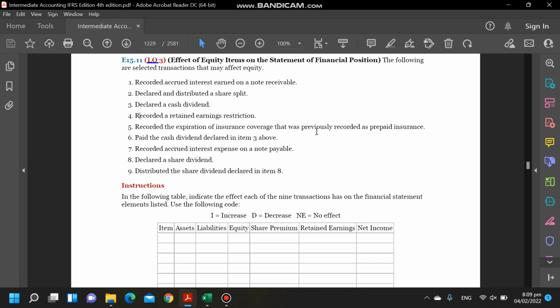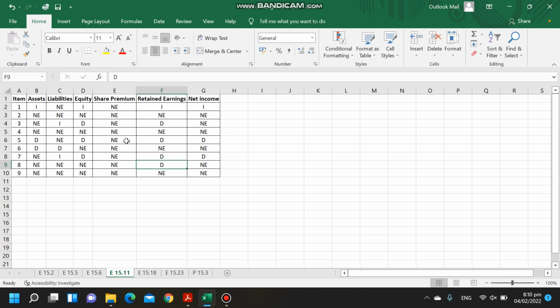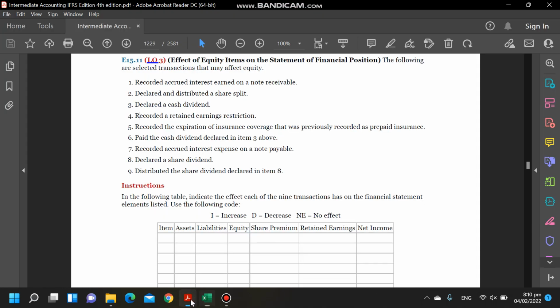Because you debit expense, your net income will decrease, and it will make your retained earnings decrease also, and then equity will decrease. And because you credit the prepaid insurance, your asset will be decreased also. For liability and share premium, there will be no effect.